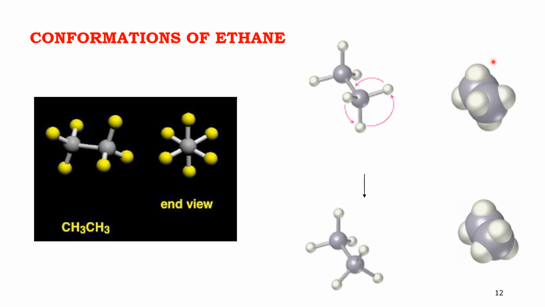See here, in the other case, this is the hydrogen atom of the second carbon atom, and this is the hydrogen atom of the first carbon atom, and it is placed between the 2 hydrogen atoms of the back carbon atom. But see here, in this case, the first and second carbon atoms have the hydrogen atoms on the same plane. So, ethane could exist in 2 extreme conformations.